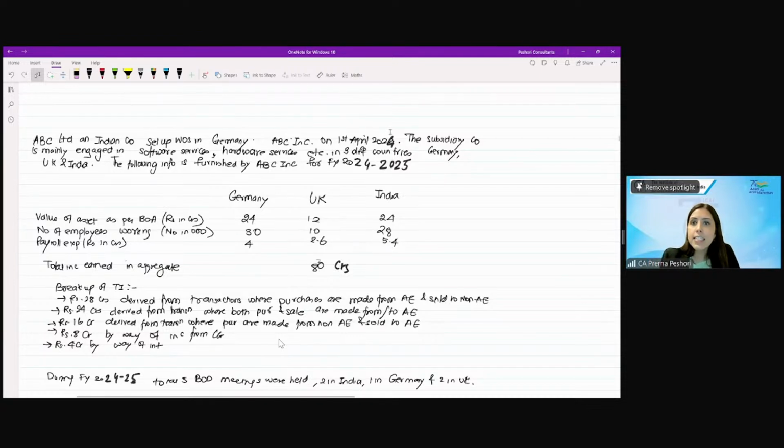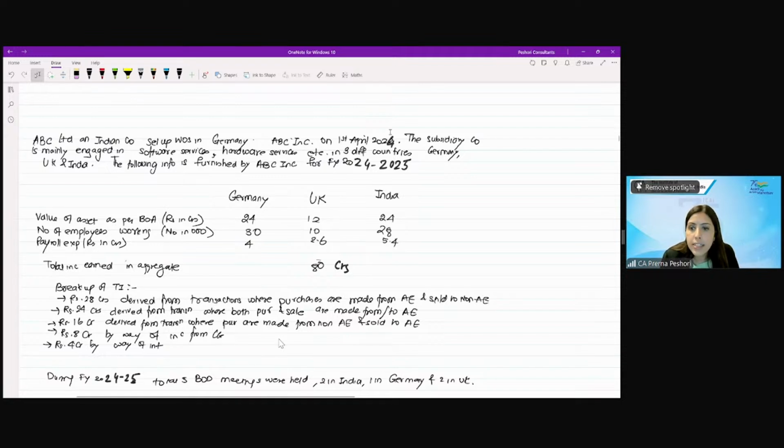So obviously this is not my passive income. 24 crores are derived from transactions where purchase and sale are both made to A. So that is my passive income. 16 crore are derived from transactions where purchase are made from non-A and sold to A. So again, that is not my passive income. 8 crore by way of income from CG and 4 crore by way of interest. So 12 crore plus 24 crore will be my passive income.